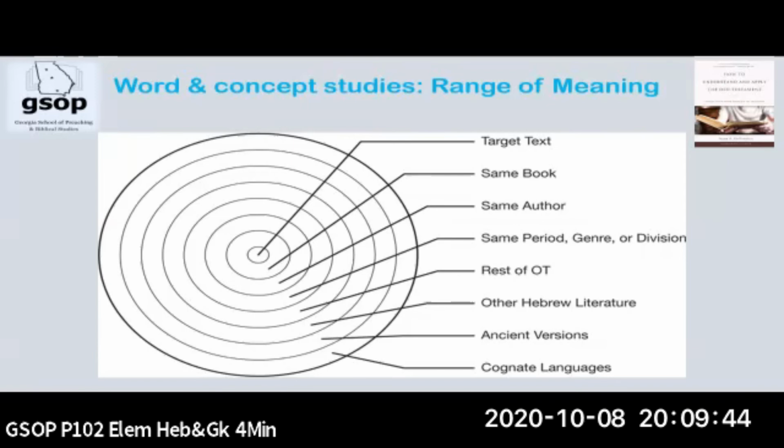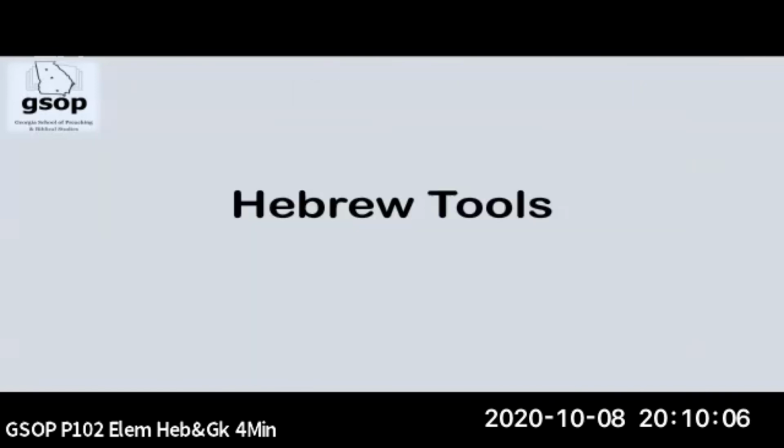Maybe, maybe not. So that would be anachronistic. It's not the appropriate time. That would be the same period or same genre, same division. Division means Old Testament versus New Testament. Genre: is it narrative prose? Is it poetic? Is it apocalyptic? Whatever the genre might be.